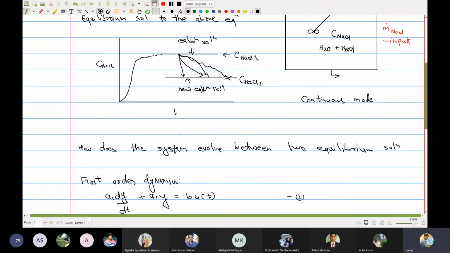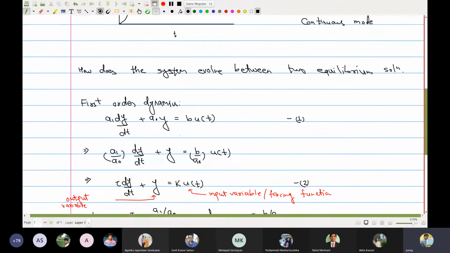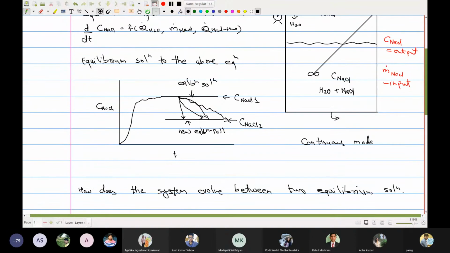Okay, so when that happened, the system was already at steady state, corresponding to concentration of NaCl1.